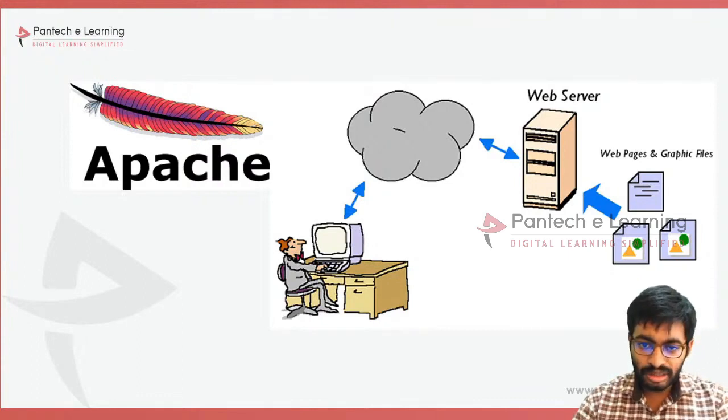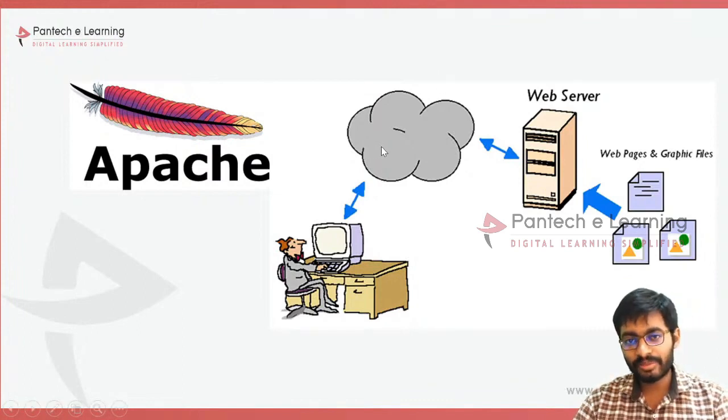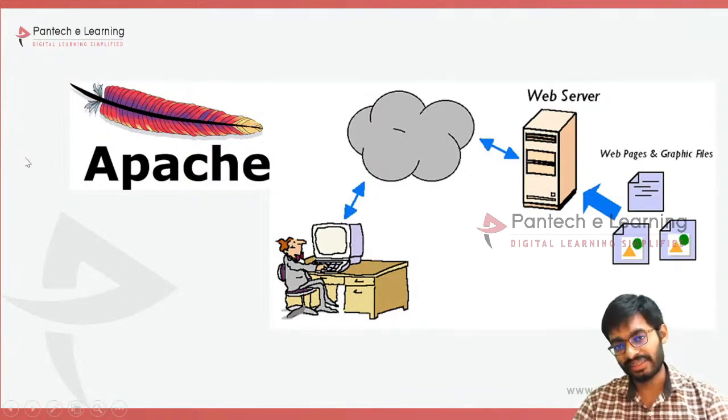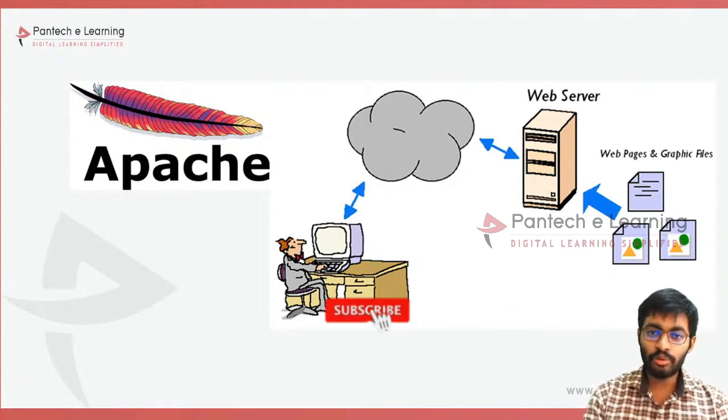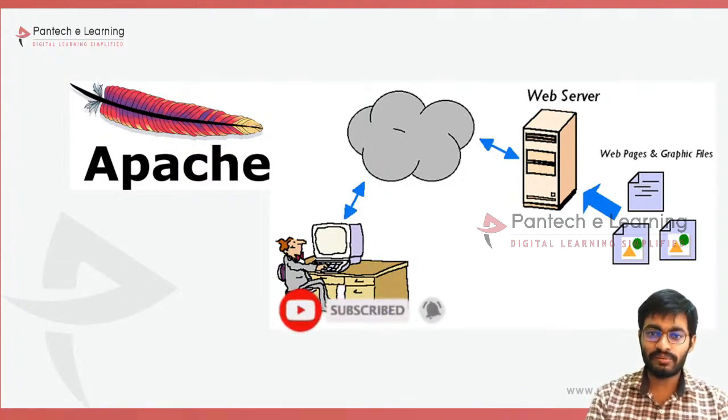From that local host, we can remove the cloud, or we can say this Apache itself is a cloud server, but it is not connected through the internet. It is in the form of a local host, because we are downloading that server into our Raspberry Pi.